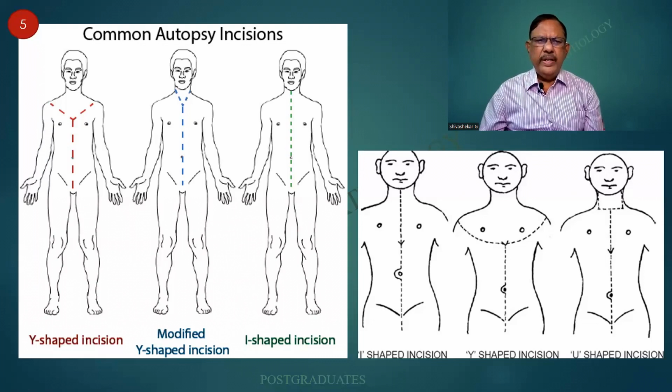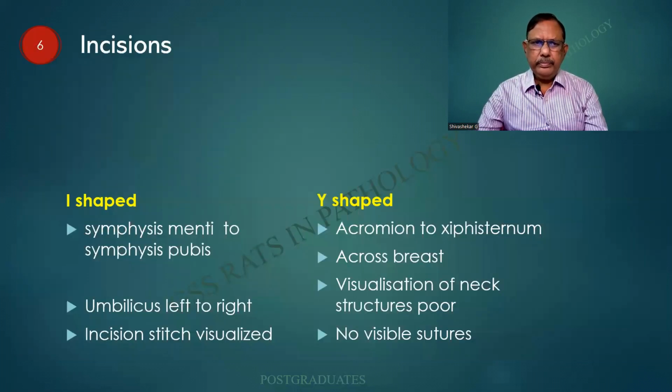Now, what are the advantages and the disadvantages of each of these? This will be of great importance because unless we know that, we will not be able to remember it. But once you know that, it is child's play. The I-shaped incision, for example, this is it. Umbilicus is left to the right, and the disadvantage here is the stitch will be visualized, particularly in the neck.